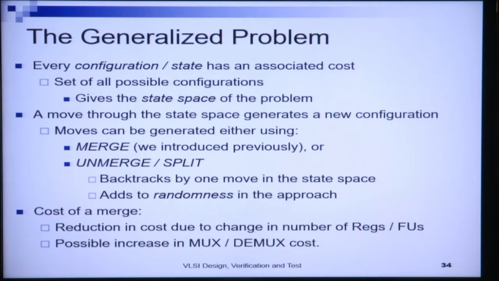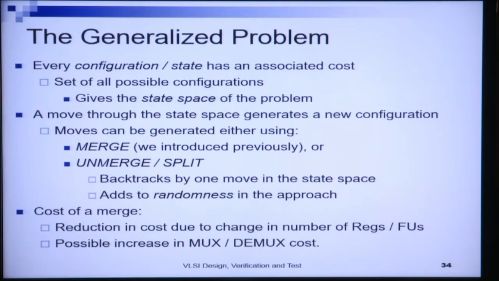Now, the different possible types of mergings that we can do on this conflict graph give me the different possible choices that I have and give the total state space of the problem. A move through the state space generates a new configuration, and moves can be generated using either a merge, which was previously introduced.